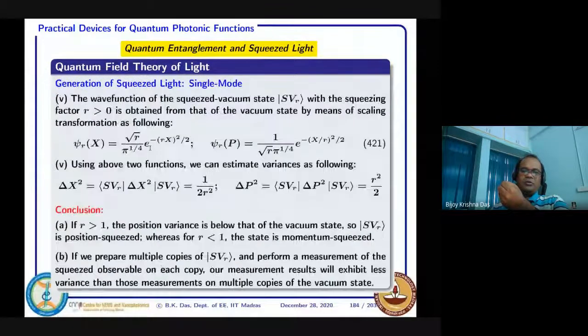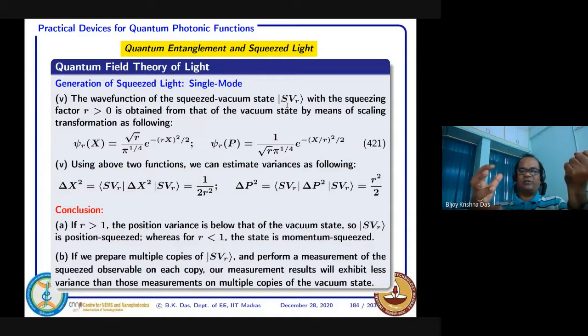If you represent some kind of squeezing with a squeezing factor R, something greater than 0, non-zero, then we can say this is a squeezed vacuum state. Normally, if R equals 1, this is not squeezed, just a vacuum state, or just the zero-point state in a harmonic oscillator.